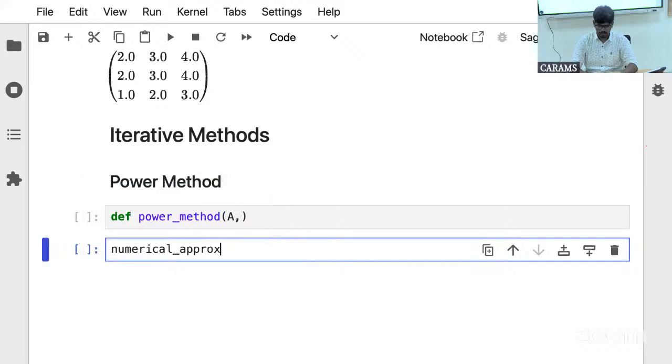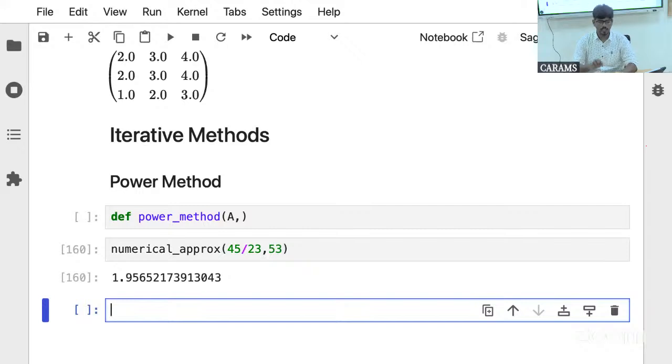And you can give any number you want, maybe something like this, and then you can give the precision in bits, maybe 53 bits or whatever it is. So that will give you the numerical approximation to that precision. 53 bits is usually close to 16 decimal places. Okay, that's it.